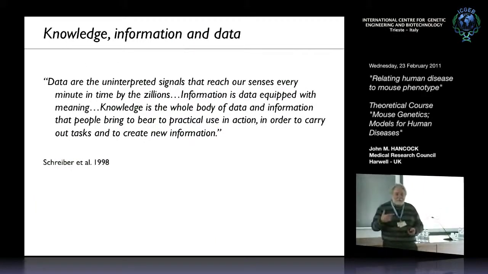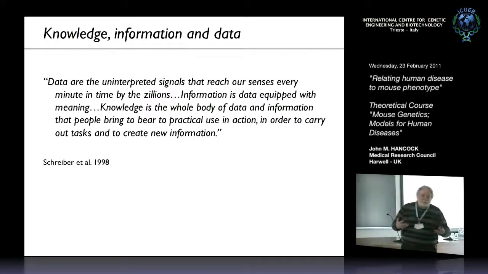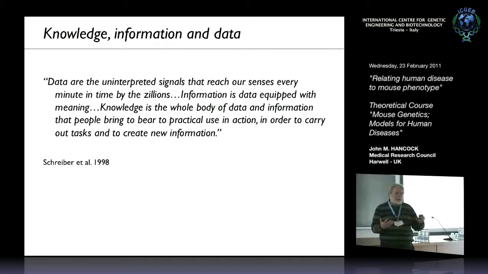And it's worth remembering that what we're talking about here is knowledge, not information, I should say. Knowledge, information, and data. So data is all the stuff that's out there. And so individual words in a text file are, in a sense, data. And this is the stuff that reaches our senses all the time in large amounts.